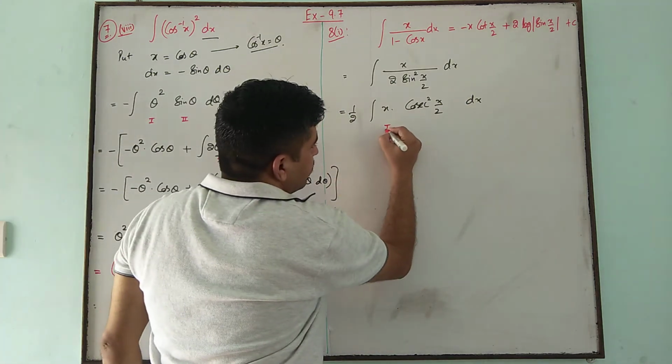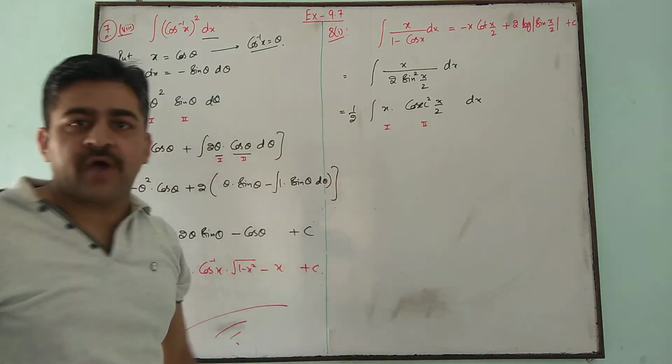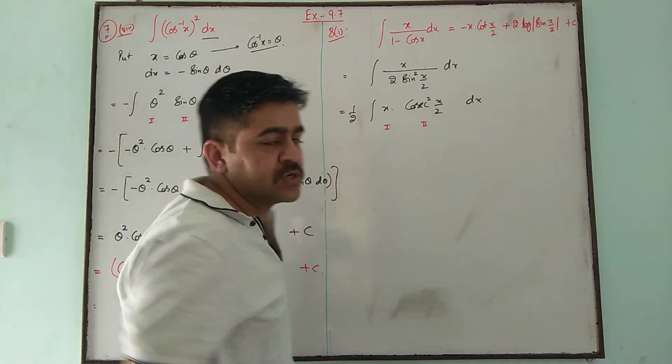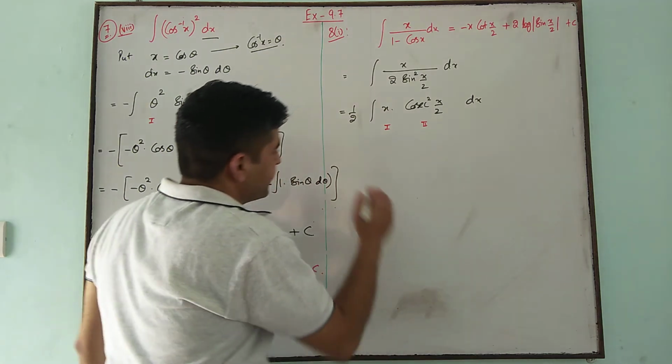So first and second function according to ILATE, also algebraic and trigonometric, right? And integral of cosecant square directly we know.